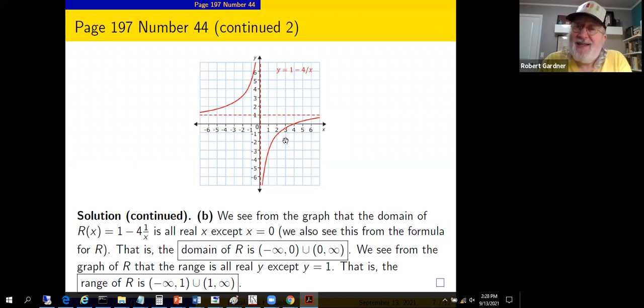Some more exotic things can happen in the middle, but if I look far enough to the right or far enough to the left, there will be a closer and closer behavior. There may be still some getting there at some point, but the closer and closer part for rational functions and horizontal asymptotes, that will hold if you input large enough x values or large enough negative x values.